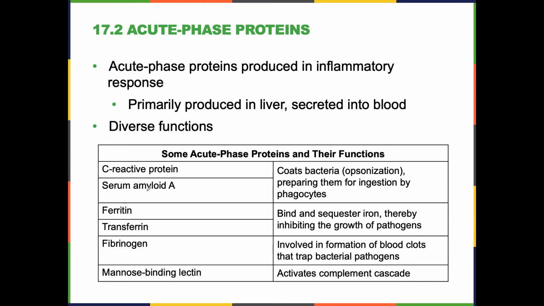And they do many things like, we'll learn later what this term means, opsonization, right? Here we'll talk later about how some of them can sequester iron, which is a very important nutrient for pathogens. You can hear that it's forming blood clots, activates complement, which we're going to talk about in our next slide, right? You don't have to memorize this. Just understand that acute phase proteins produce an inflammatory response, right? And then they have multiple functions, okay?